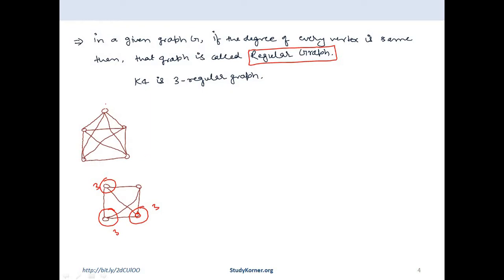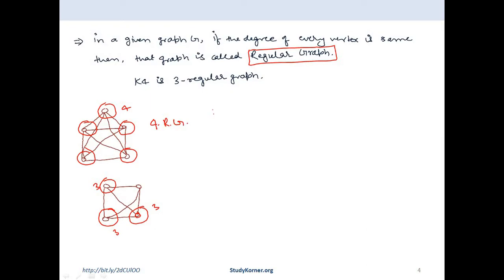Similarly, if I have a K5 graph, a complete graph with 5 vertices, then I call it a 4 regular graph. Why a 4 regular graph? Because the degree of each vertex here is 4 and the degree of each vertex is similar.